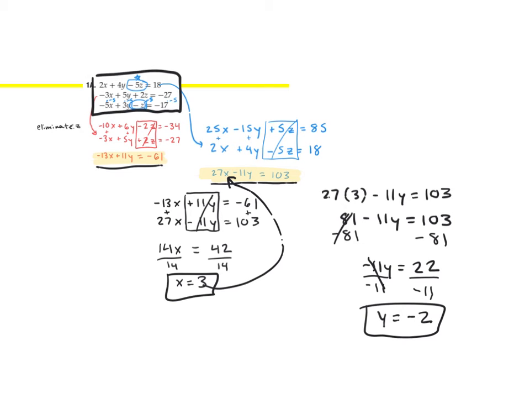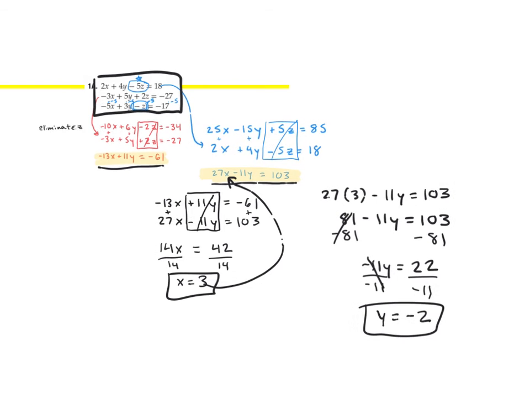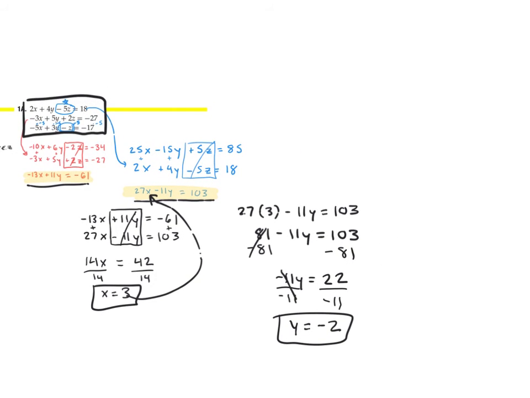So we have negative 5 times 3, because 3 is x, plus 3 times y. What's y? Negative 2. Minus z is equal to negative 17. I just plugged in both of these to our first equation.